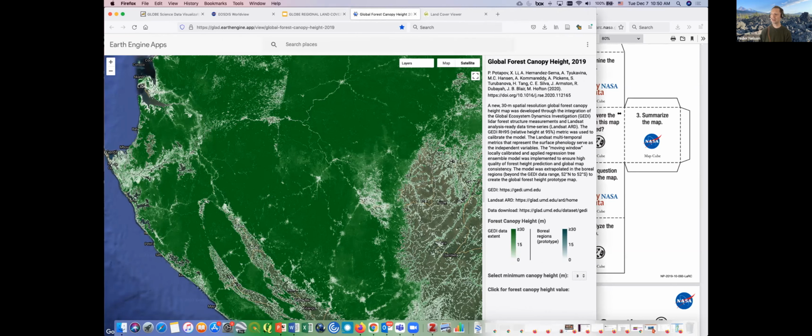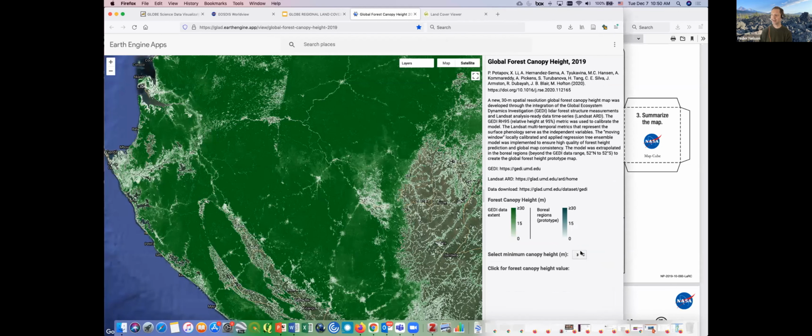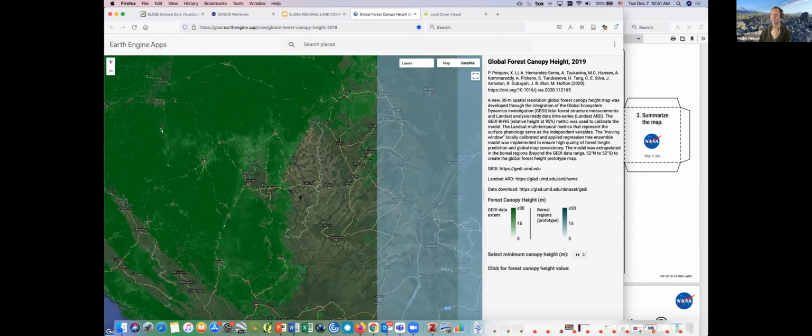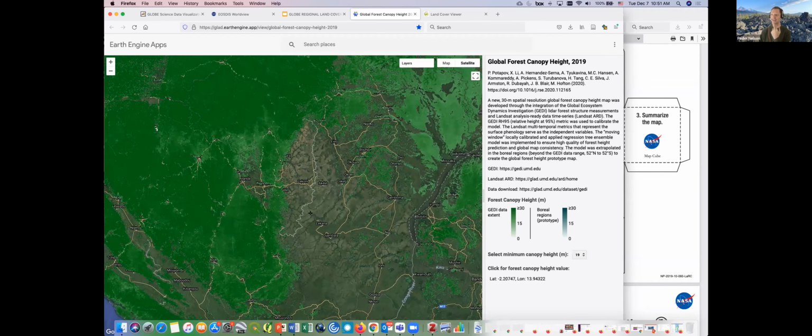And remember, we can actually go over here, and I'm going to increase our tree height and look at ones that are some of the tallest, just, you know, for a little bit of contrast. And when we do that, one thing that you should notice is that we lose a lot of those lower trees that we're looking at over here in the riparian area.